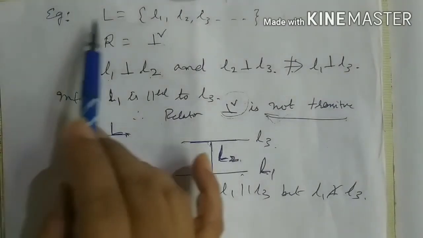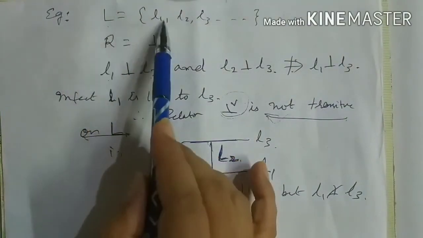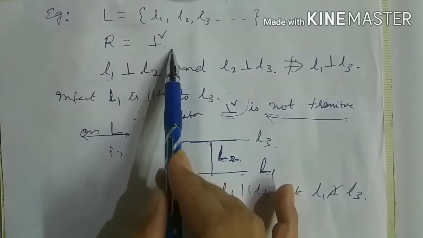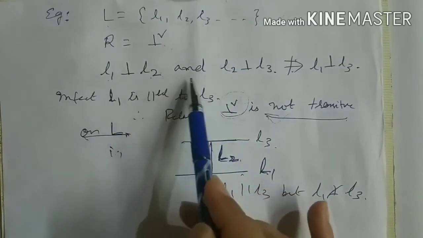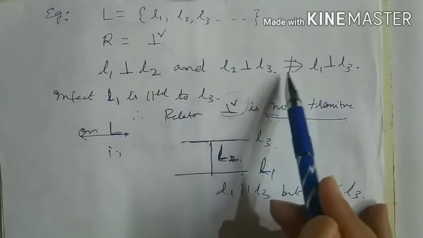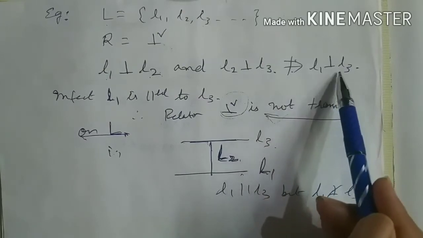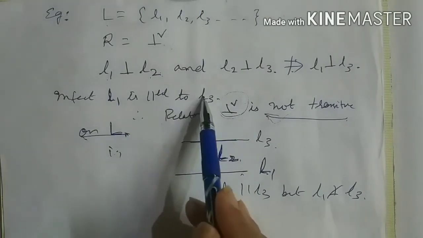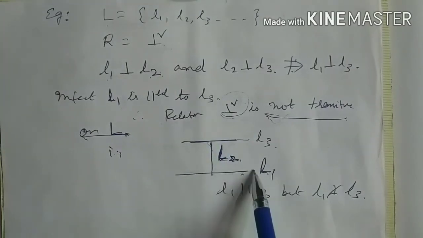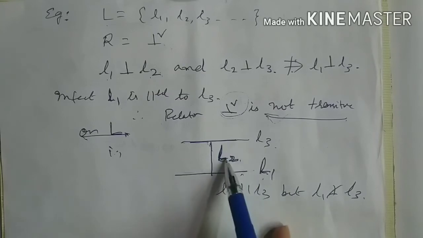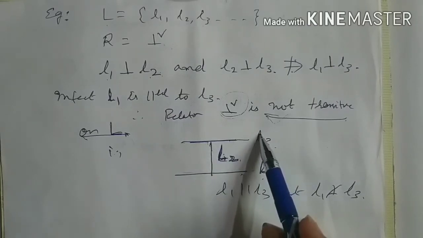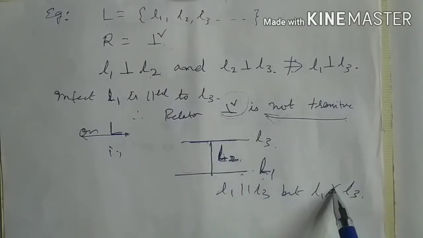Let us consider another example, the set of lines L1, L2, L3, etc., and the relation perpendicular. L1 perpendicular to L2 and L2 perpendicular to L3 does not imply L1 is perpendicular to L3. In fact, L1 is parallel to L3. Let us consider a line L1 perpendicular to the line L2, and L2 is also perpendicular to L3, but L1 is not perpendicular to L3.